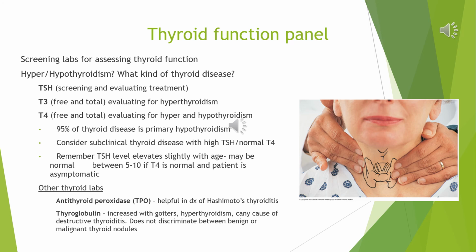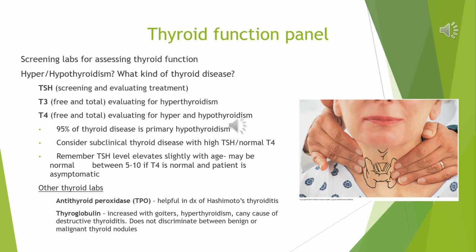A lot of providers may say this patient has hypothyroidism, even though they don't have any symptoms or signs or problems, and they want to just slap them on a thyroid medication. But we know thyroid medications are not without risks, and so it's really not appropriate just to put somebody on a medication based off a little elevation in their labs. You need to look at the whole patient.